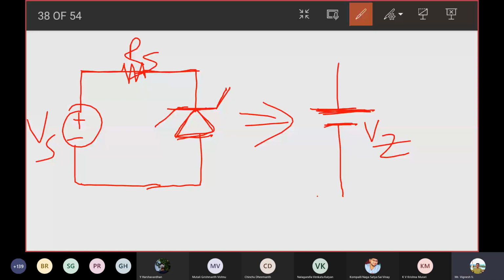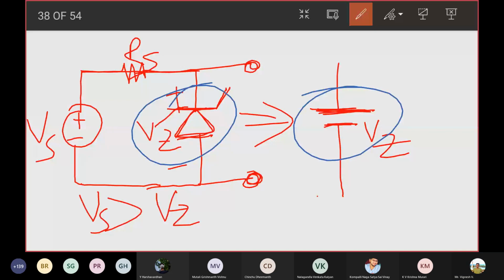So you can replace this Zener diode with a battery like this, just as you do with the PN junction diode if it is forward biased, or a Zener diode if it is reverse biased. You replace it with the battery.